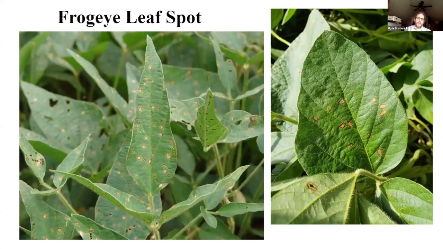And another one of our foliar fungal diseases of soybeans, probably our most damaging foliar fungal disease of soybeans, is frog eye leaf spot, and this is caused by Cercospora sojina, a relative of the gray leaf spot of corn fungus. One of the things with frog eye leaf spot that we tend to look for will be smaller, irregularly shaped lesions that often have a dark black halo around them, or maybe have a bit of a frog eye shape.